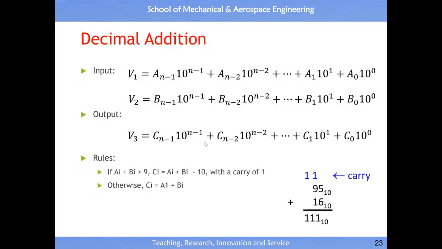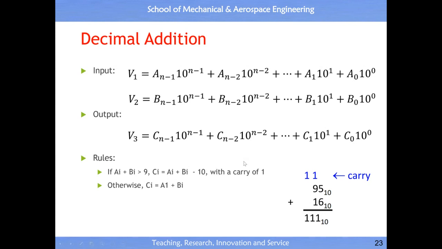Then how about the computation? Let's say we have two decimal numbers and we want to compute the sum of these two decimal numbers. The result will be a single decimal number. All of them can be represented by a series of digits like this.